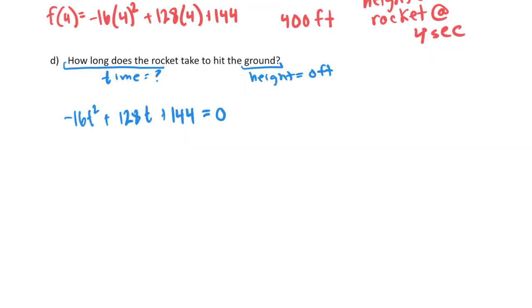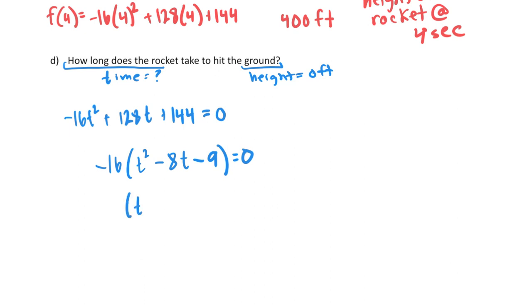Okay, so what we get is I'm going to factor the greatest common factor out. It looks like I'm going to factor negative 16 out. I get t squared, and that becomes a minus 8t because I did factor the negative out. And then 144 divided by 16, yeah, that's 9. Okay, so then we're going to factor a little bit further.